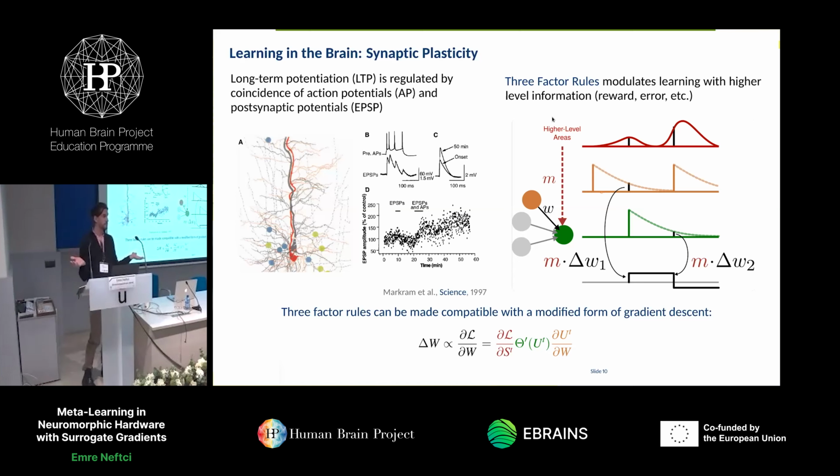So this is how you can understand how gradient-based learning, as people are doing in machine learning every day, is related to models of learning in neuroscience. This was coined as a three-factor rule because, as opposed to having two factors as in STDP or Hebbian learning, two factors being post and pre, you have a third factor. In fact, you can have more than three factors, so it's more like three and more factors.